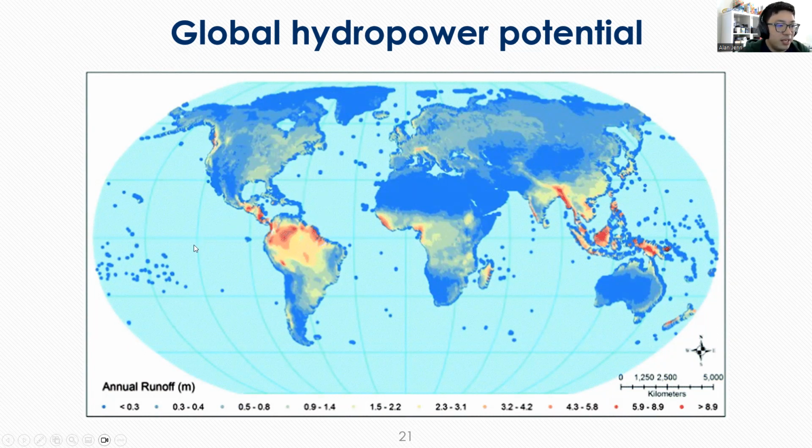But generally speaking, there are other places in the world that have a crazy amount of hydro resources, and those places do take advantage of that. And this measures essentially runoff, meters of annual runoff, as a way to capture the hydro potential.